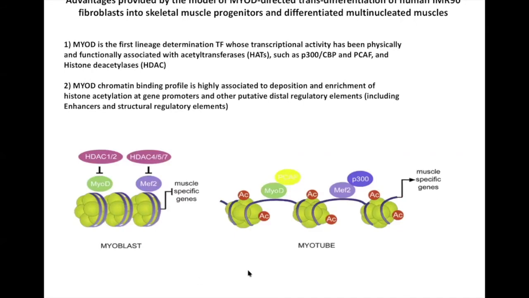The other good advantage of using MyoD-mediated myogenic conversion is that MyoD is well known as one of the first lineage determination transcription factors that has been associated functionally and physically with the enzymes that are directly implicated in promoting histone acetylation or removing the acetyl radicals from histones.